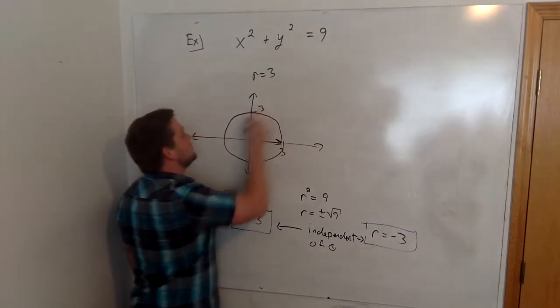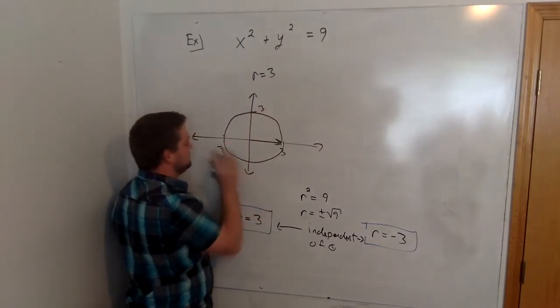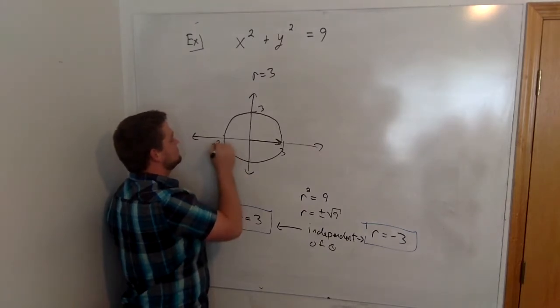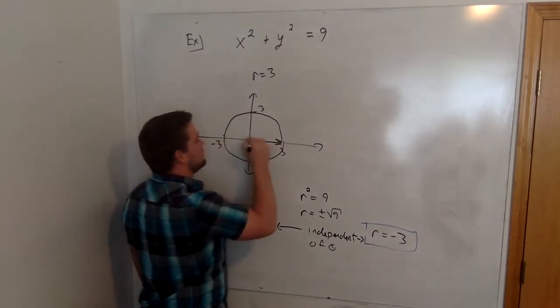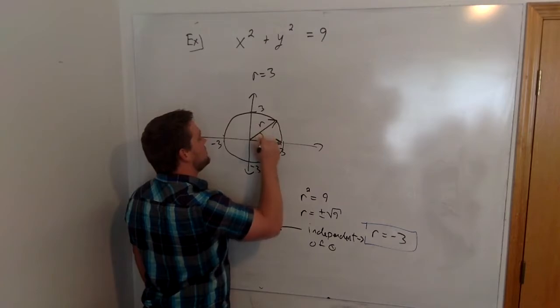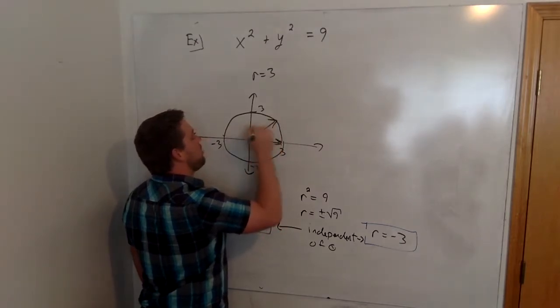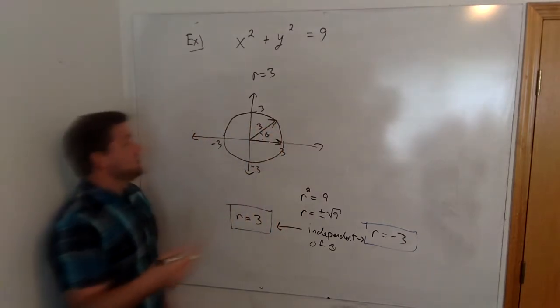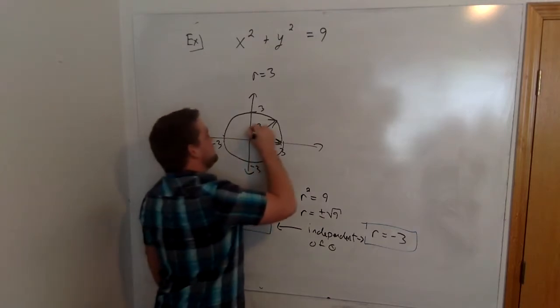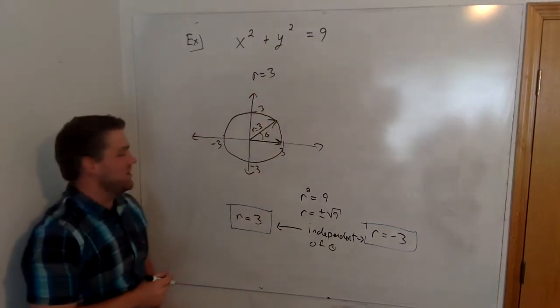So this will be 3, this would be negative 3, and this would be negative 3. So no matter where we are, independent of theta, r is always equal to 3. So this is describing a circle of radius 3.